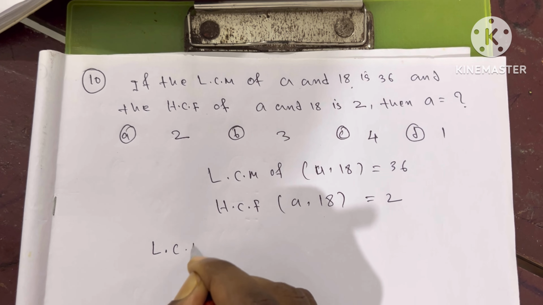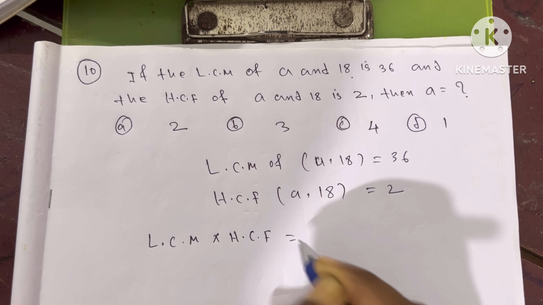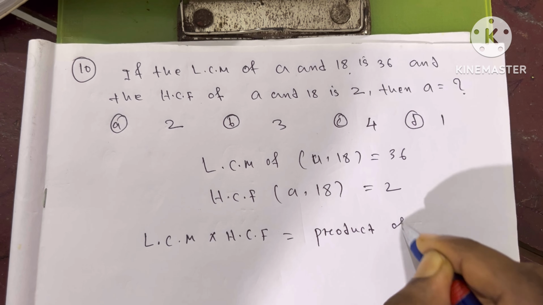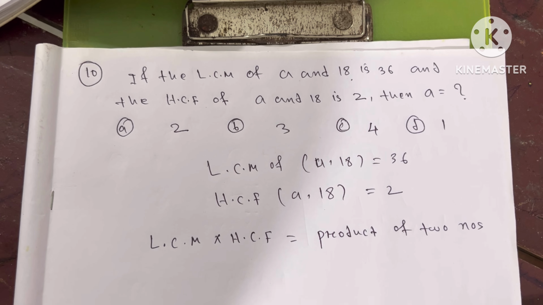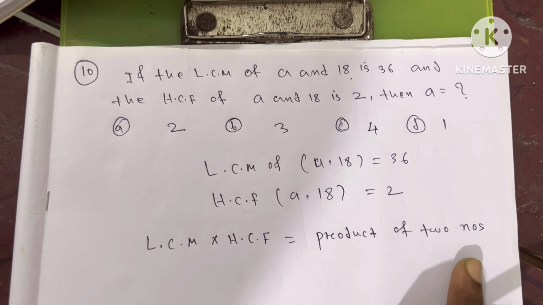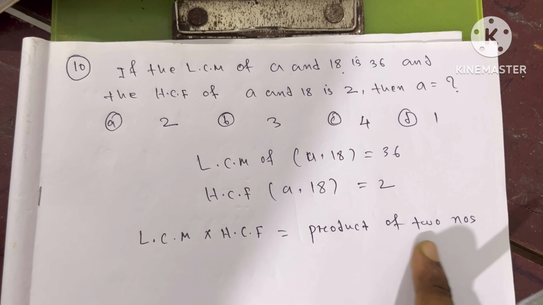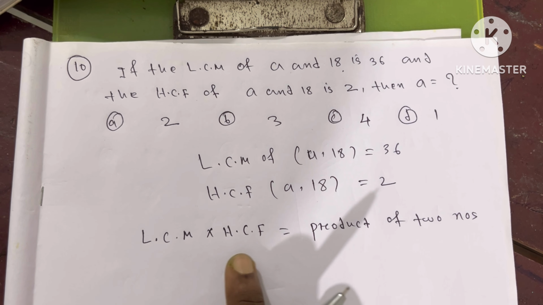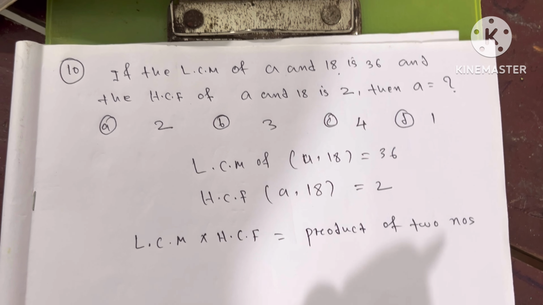As you know, LCM into HCF is equal to the product of two numbers. This formula is applicable only for two numbers, and it is true only for two numbers. So LCM into HCF is equal to the product of two numbers. If you use this formula, you will get the value of a.